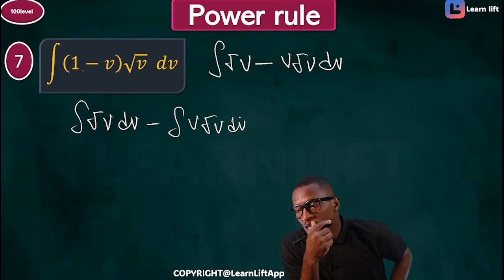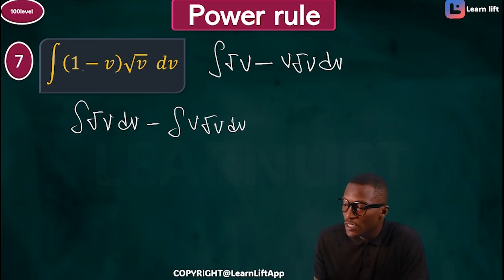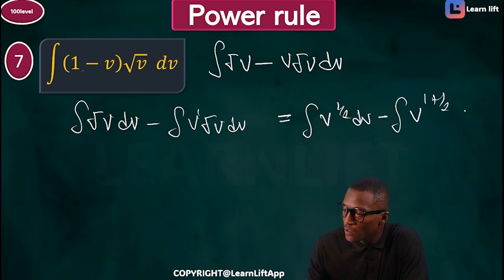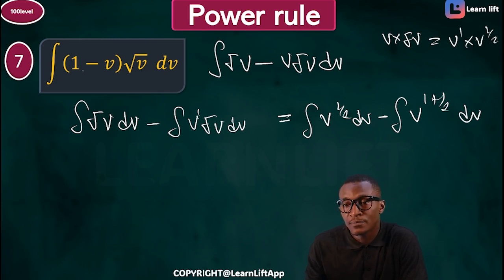You say the integral of a sum is the sum of the integrals. Now solving the first one, this is practically the integral of v raised to power half dv, minus this one is practically the integral of v raised to power 1 plus half dv. It is like saying v times root v, which is the same thing as v raised to power 1 times v raised to power half. You add the powers.